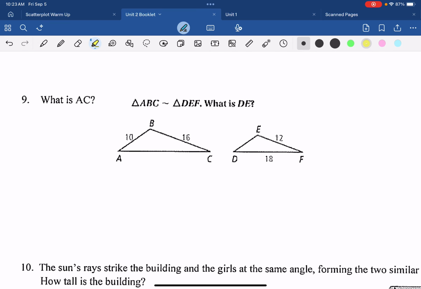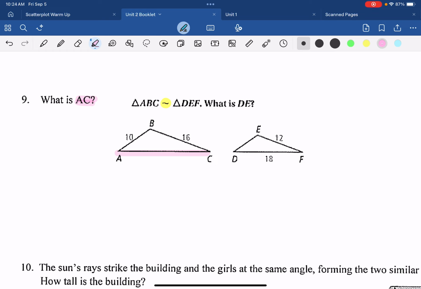Okay, so notice I give you this figure. I tell you that triangle ABC is similar to triangle DEF. I'm asking you, what is AC? So I'm asking you, what is this side length? Notice I'm given some other side lengths here.